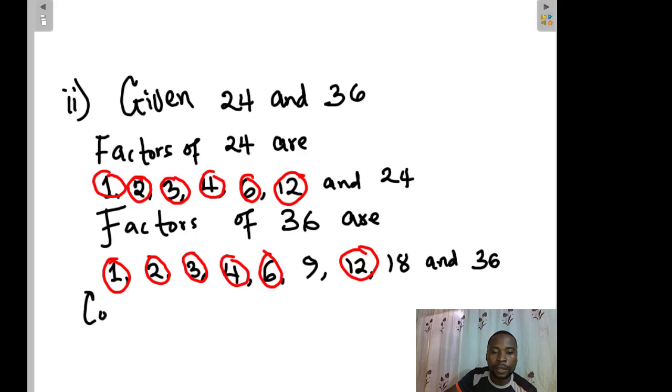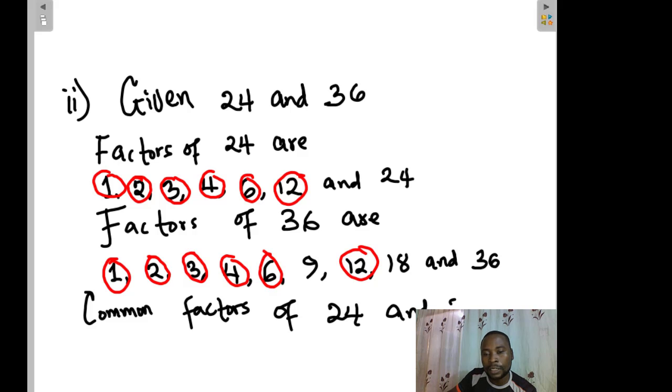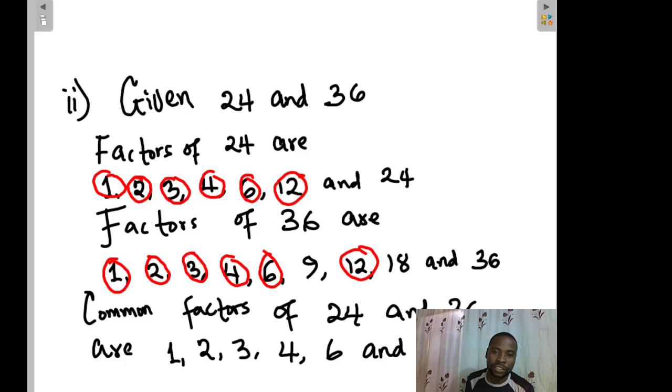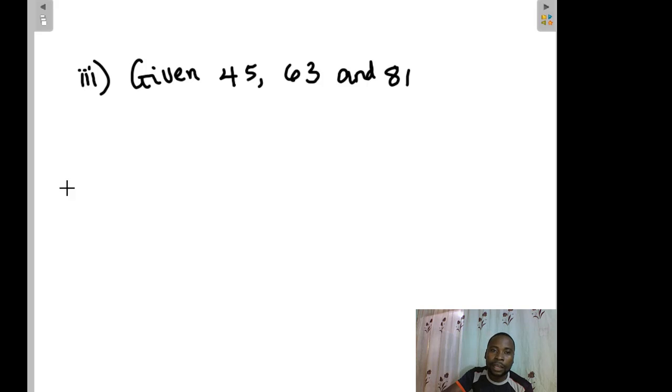So we'll now say common factors of 24 and 36 are 1, 2, 3, 4, 6, and 12. This is great, isn't it? Very, very great. Okay. So lastly, let's look at the common factors of 45, 63, and 81.